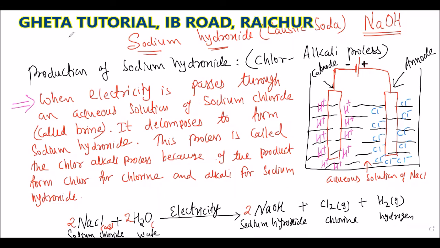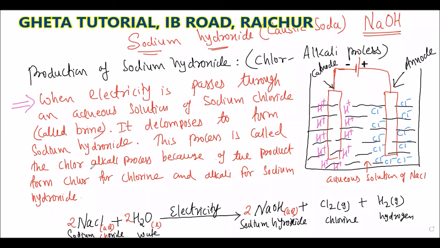Otherwise, since we are already writing H2O here, that is also no problem. Sodium hydroxide will be in aqueous form. Chlorine will be in gas form, and hydrogen also will be in gas form.